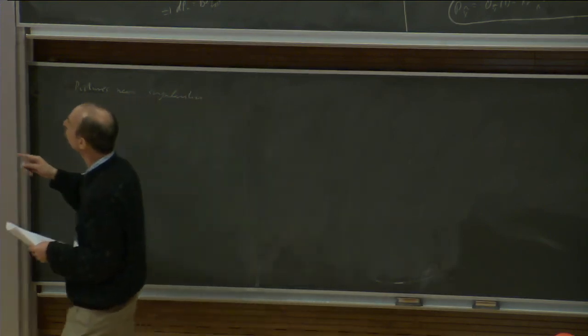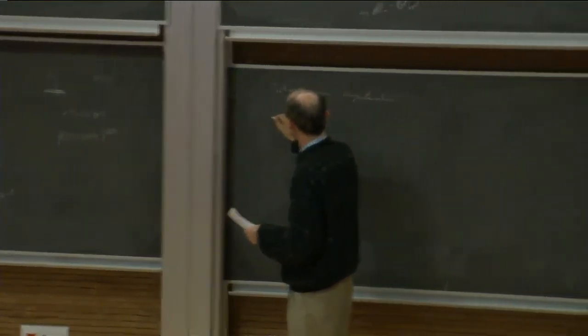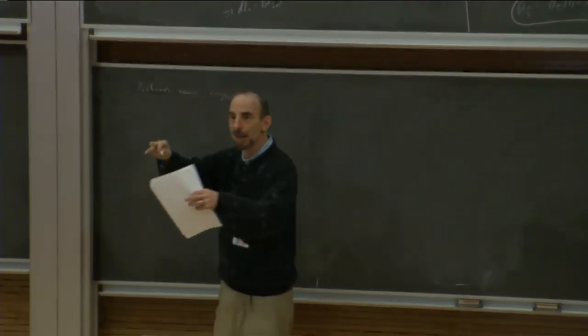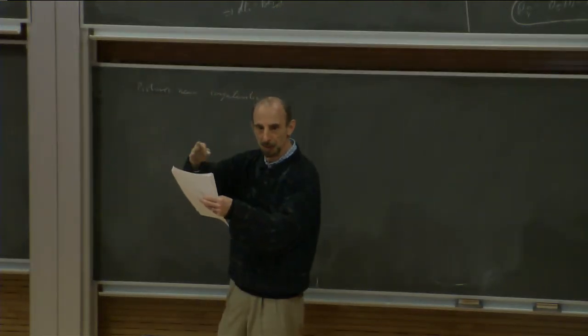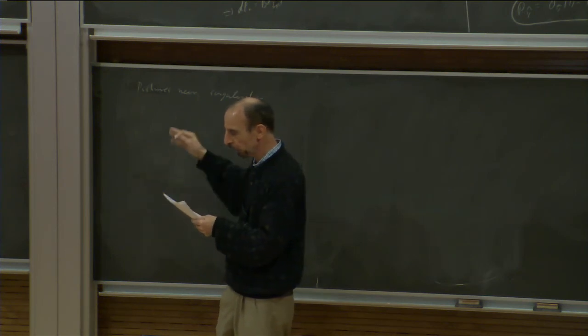But basically, it gives you sheaves that are extensions. So it gives you things like what you got for the K3, things that are supported on non-reduced divisors when you start with singularities like this.